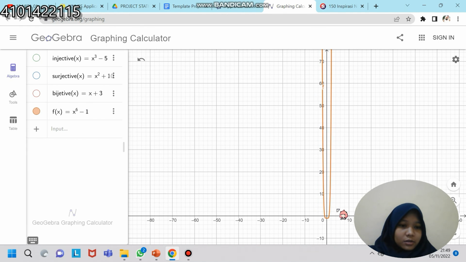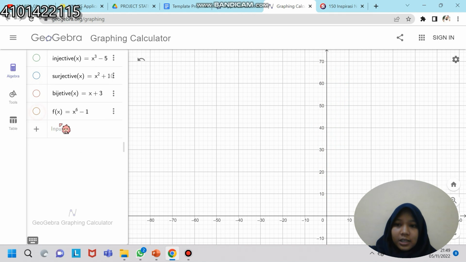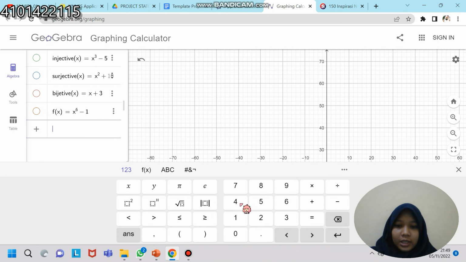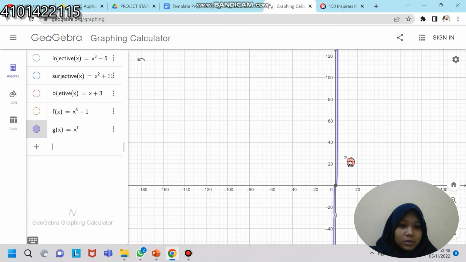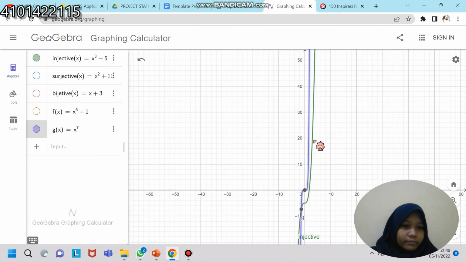Okay, so this is the same as this one, it's also a parabola. And then try with the others again. If it is x power of 7, do you remember what it is? Yes, this is an injective function. It's the same. Look, same.